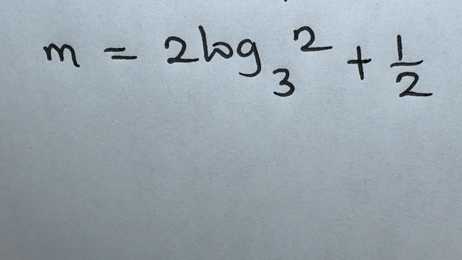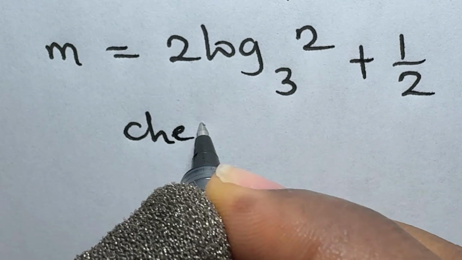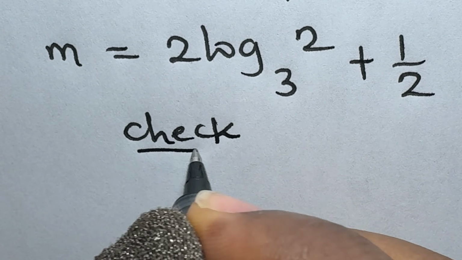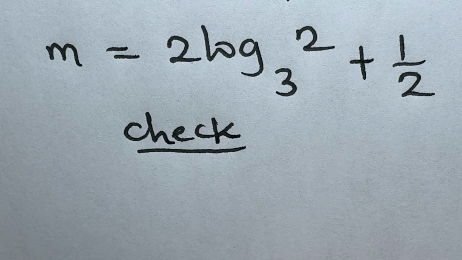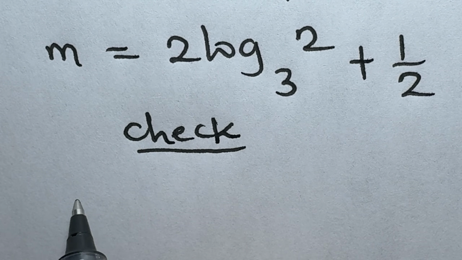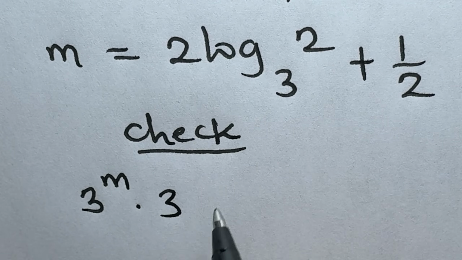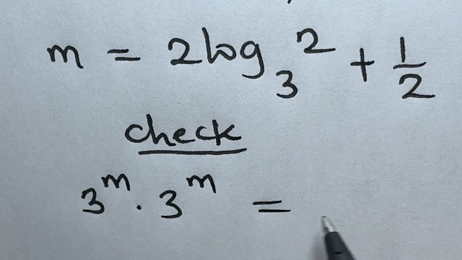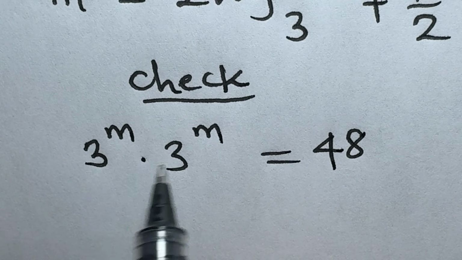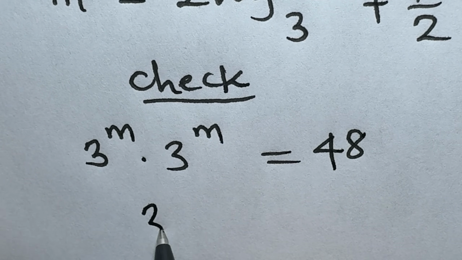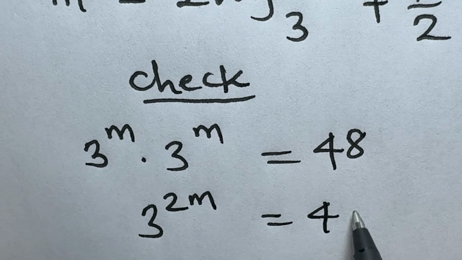And there is now need for us to check to see that this is correct. I'm going to substitute this into the given equation, which was 3 raised to power m times 3 raised to power m is equal to 48. We simplified this to 3 raised to power 2m is equal to 48.